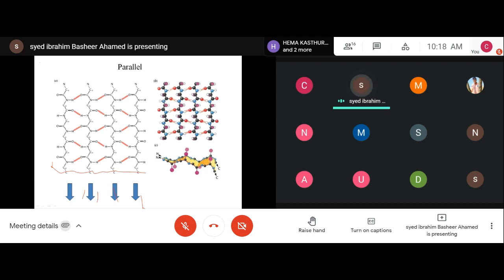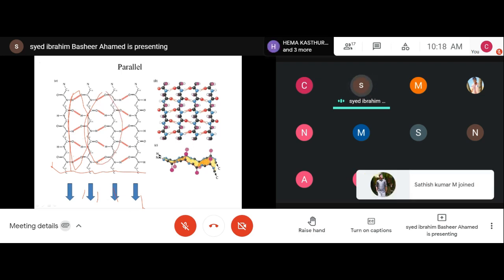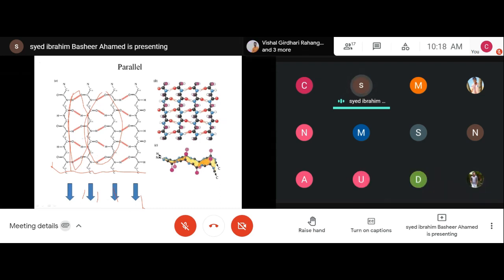So the hydrogen bonding will look like a zigzag, because they are running in the same direction. The amino group and carboxyl group will not be coming in the same line, so it looks like a zigzag.